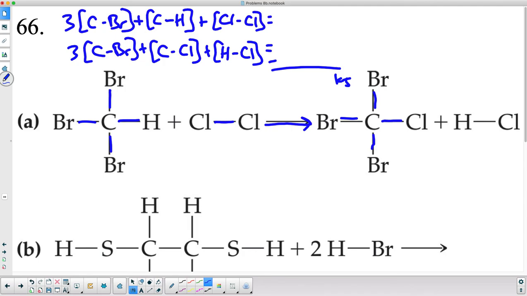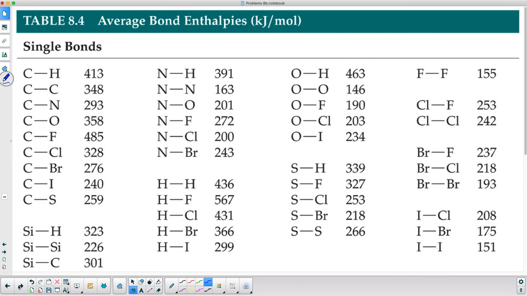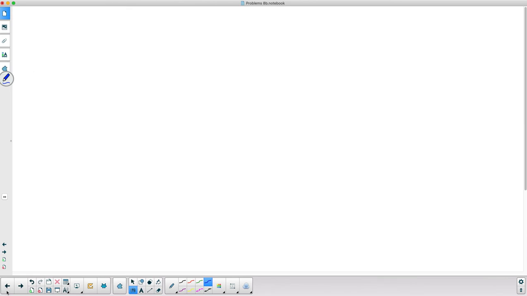So where do I get that information from? Here is where I get it. The C-H bond is 413. The C-Br bond is 276, and there are 3 of them. Carbon-carbon is 328. Then I have an H and a Cl. Where's my Cl-Cl? Right here. Oh boy, I'm going to have to flip back and forth to add these in.